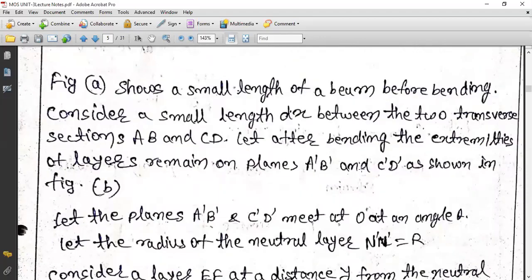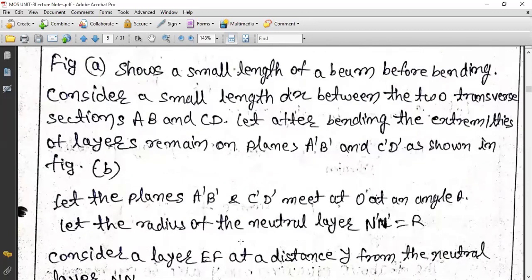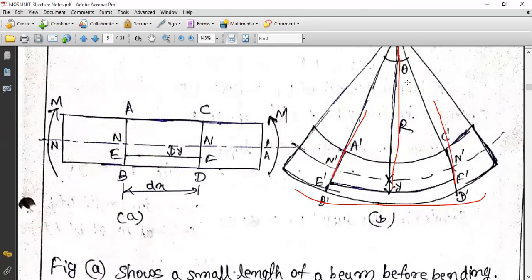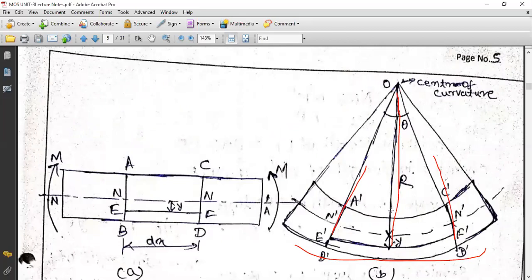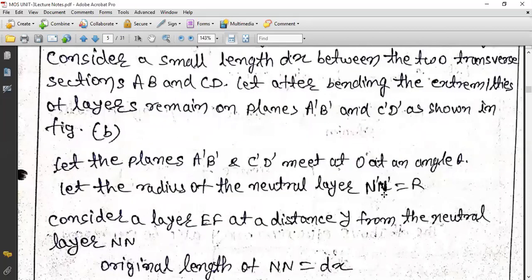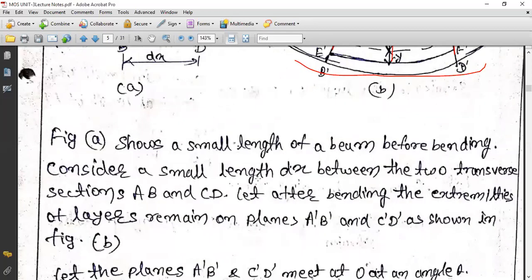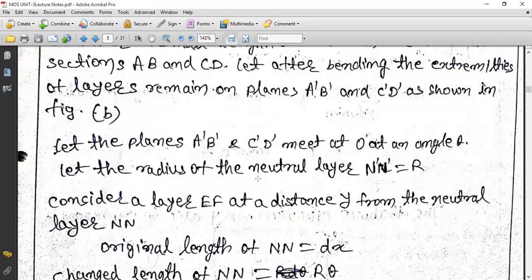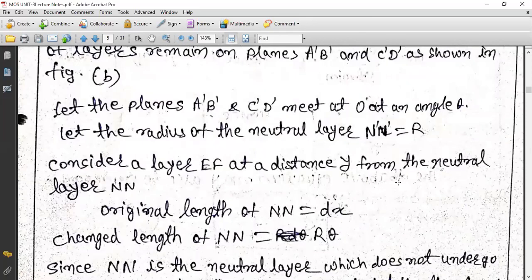And after that, the radius of the neutral layer, from this point to the neutral layer, is capital R. Now consider a layer EF at a distance y from the neutral layer NN.